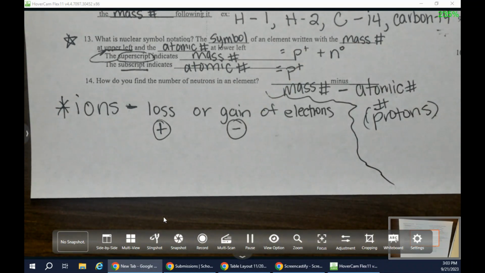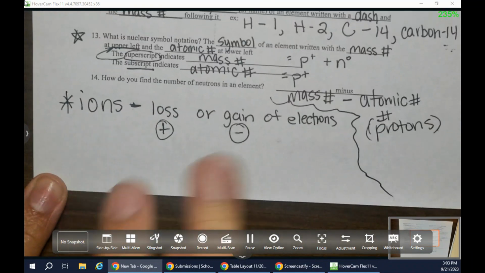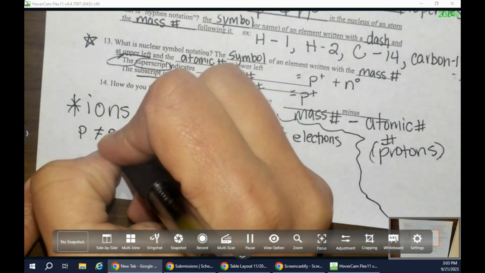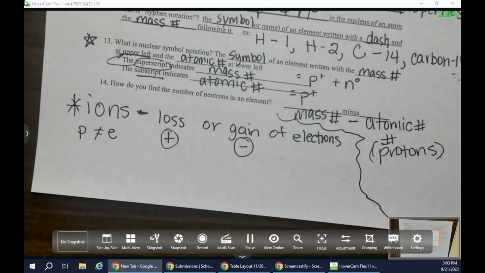Hold on, because we have to write this down. So how this applies to you right now, when you're dealing with an ion, you're looking at an imbalance of your protons and electrons. Protons do not equal electrons now. When you have that situation, which you will tomorrow on your page with the sub, when they don't equal each other, you have to indicate that in the nuclear notation.